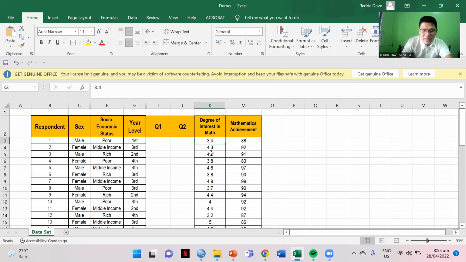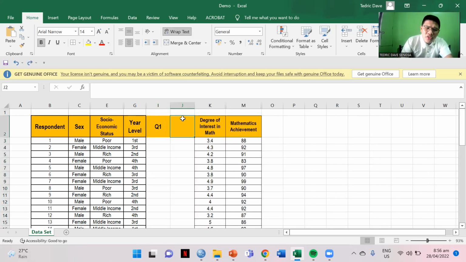That's how we get the degree of interest. So if you have it in Excel, coming from your Google form, questions 1 to 10, all you need to get is the average of all the questions to answer your research question number 1. Here's question number 1.